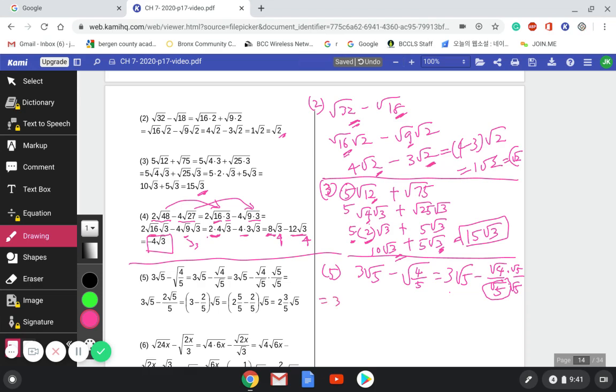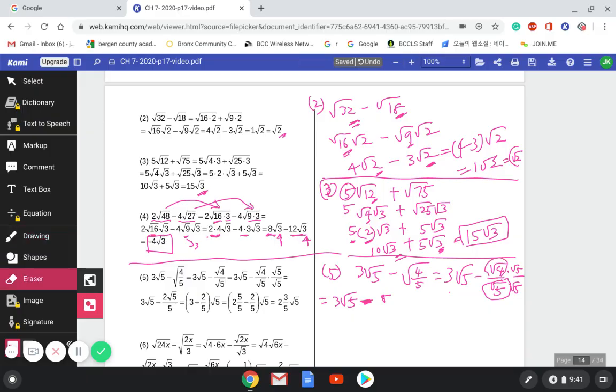Then you end up with the 3 radical 5 with, on the numerator, radical 4 times radical 5 is radical 20, or 2 radical 5 rather, because radical 4 is the same as 2. So you end up with 2 radical 5 on the top.